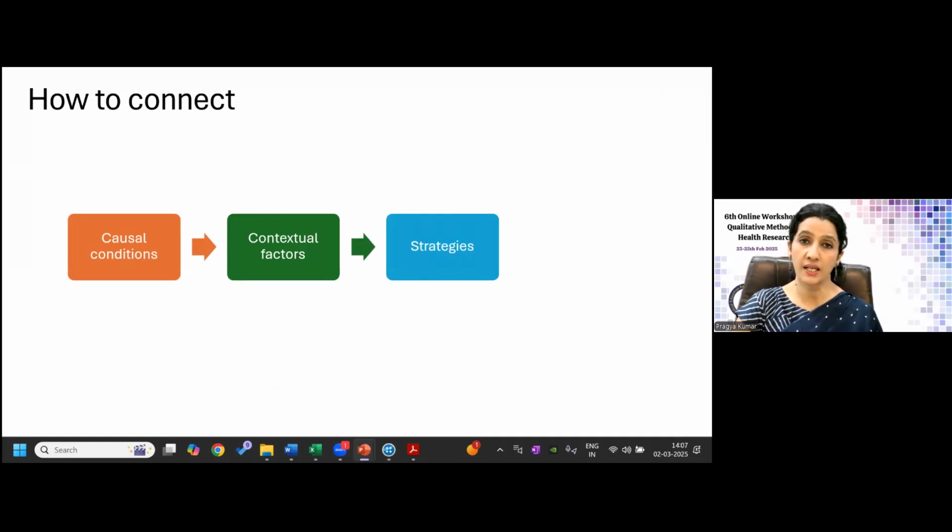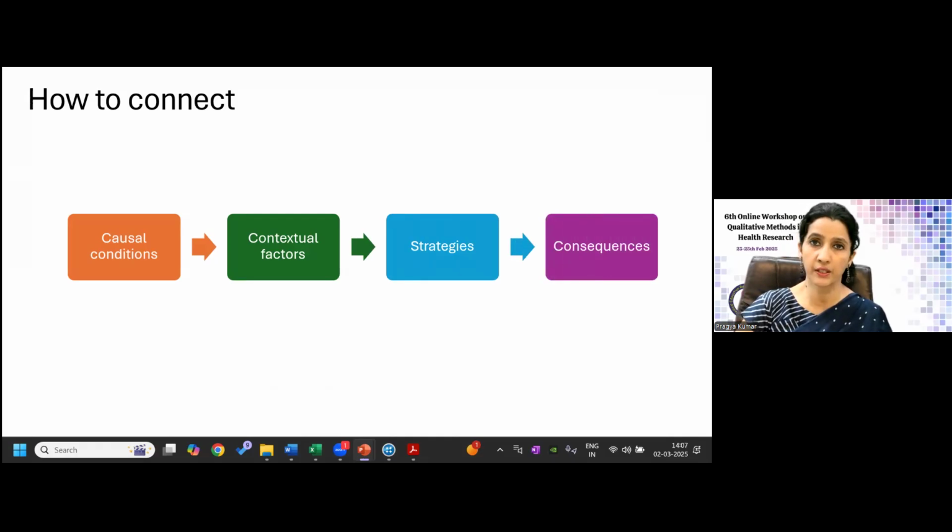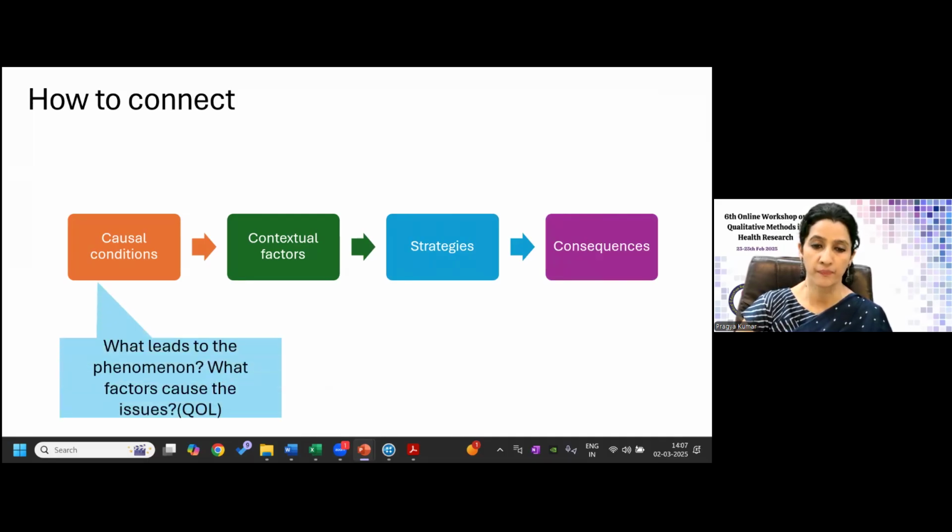Now, what are the strategies being adopted by the people in your research to overcome a particular issue? And if that has been adopted, what are the consequences? So this is the framework for finding connections between the categories. You first see the causal condition, the way I have just explained, what led to a particular phenomenon.